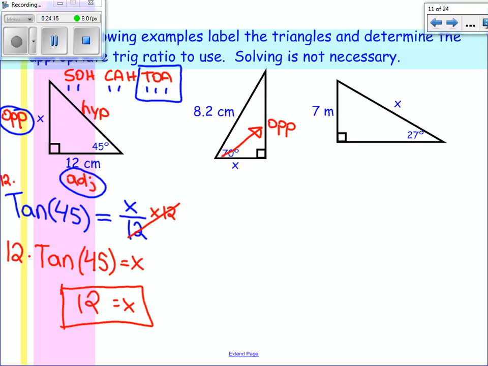That's always your first step. Label the triangle. The second step is you're going to circle which one of those things you know. So I know my hypotenuse. And I'm going to circle the one I want. I want my adjacent, because that's the one that they labeled x, and they said find x.